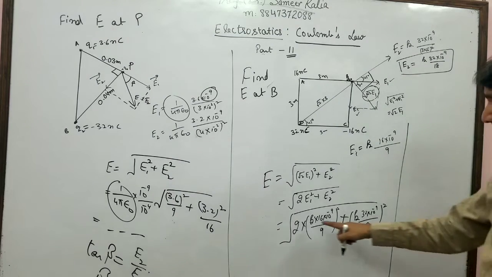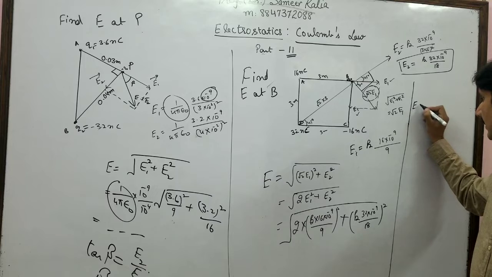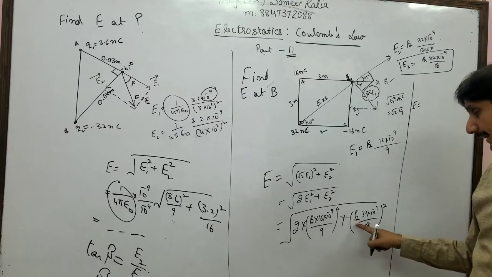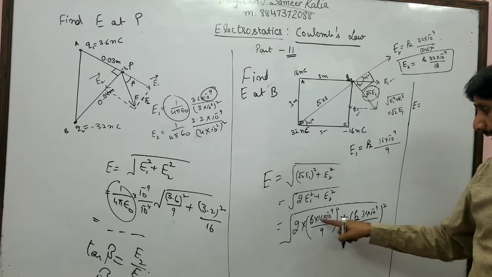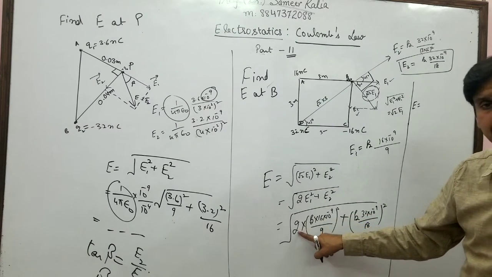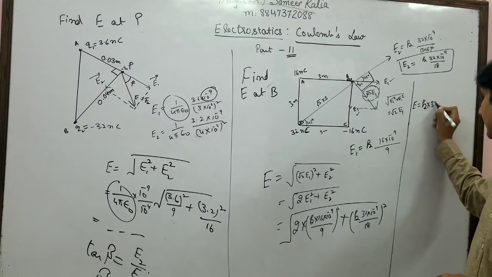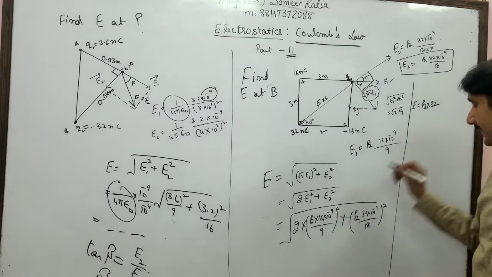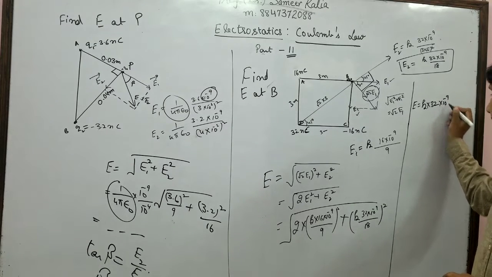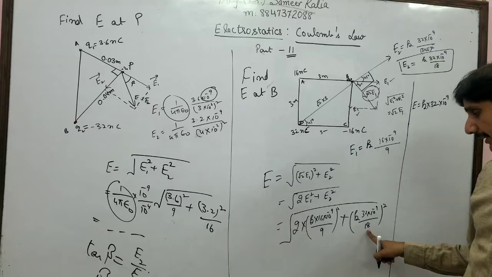What we obtained? I can see a few things common out here. What are the common things? K is common. 16, and here we have got 32. 16 into 2, this is again 32 and 32. So K is common, 32 is common, 10 raised to the power minus 9 is common, and in denominator we have got 9 over here and 18 over here.